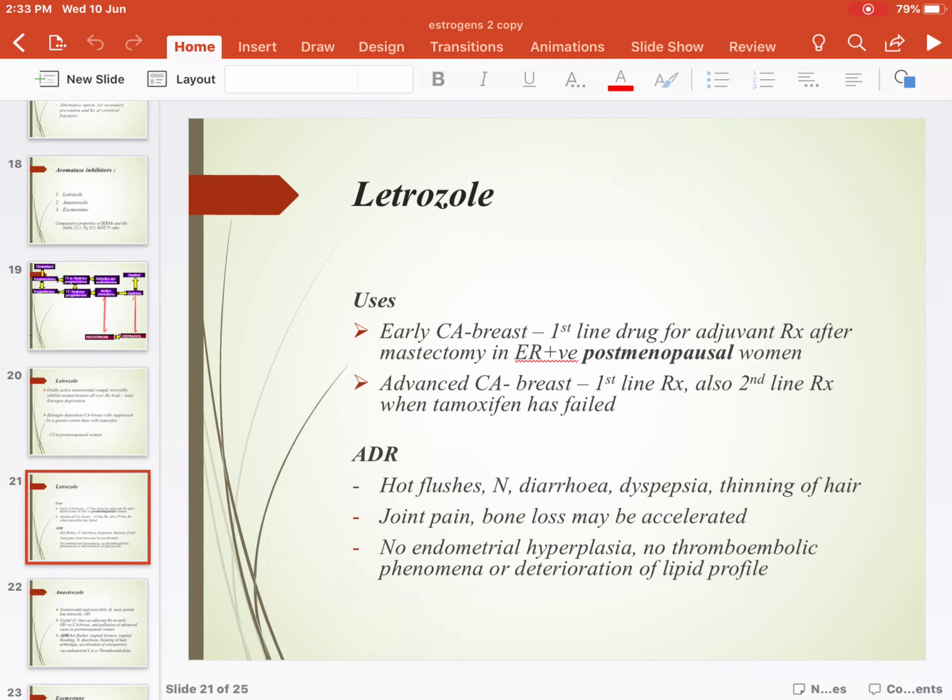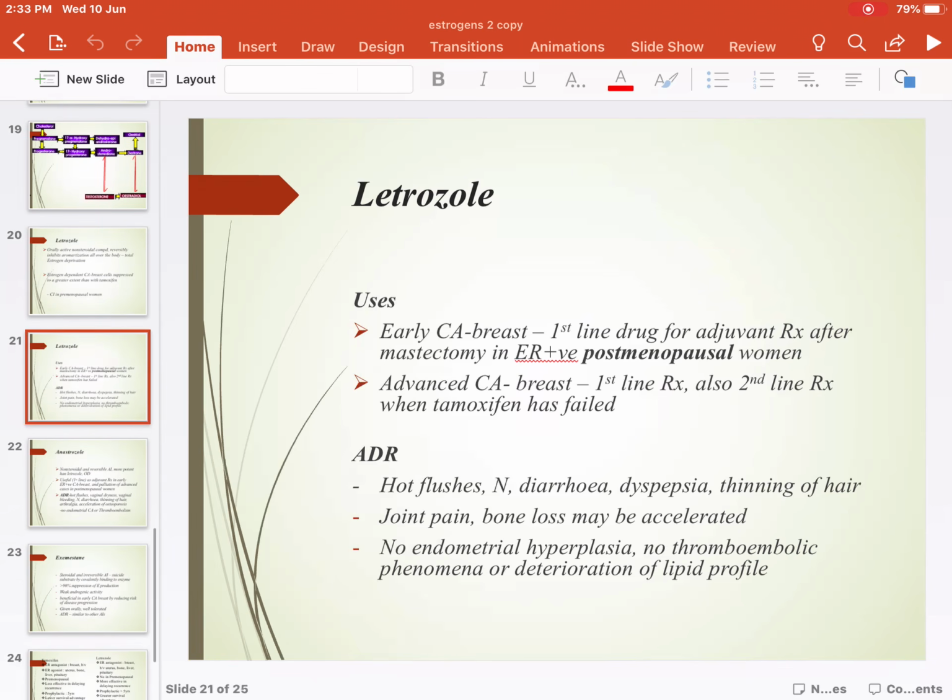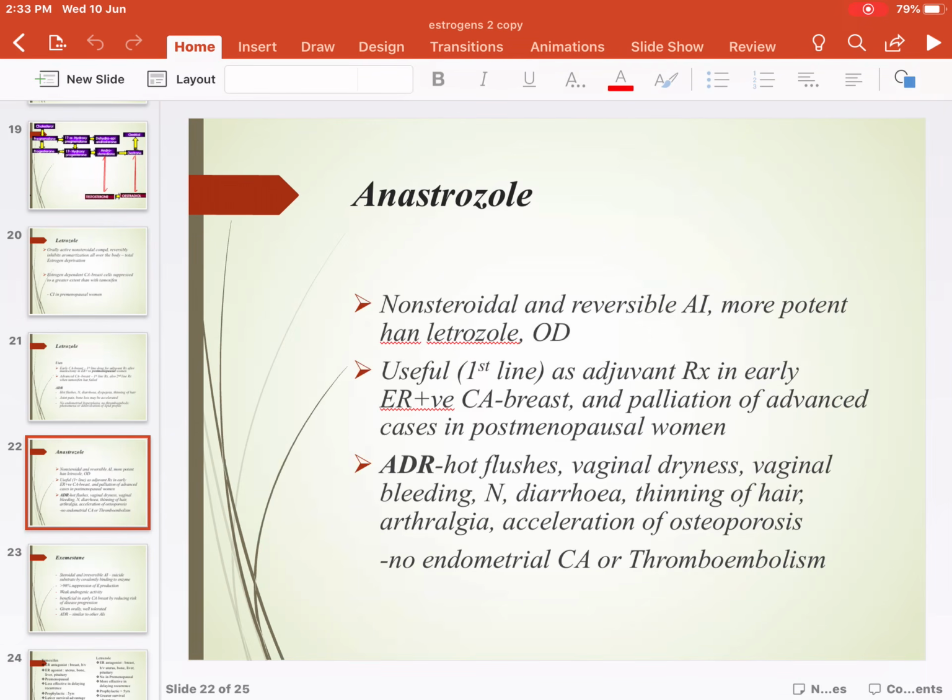What are the adverse effects? Menopausal-like adverse effects like hot flushes, bone loss, diarrhea, nausea, vomiting. There will be no endometrial hyperplasia, no thromboembolic phenomena, but deterioration of lipid profile. Anastrozole is one more compound. This is also a reversible aromatase inhibitor, more potent, once a day dosing, similar to that of letrozole.